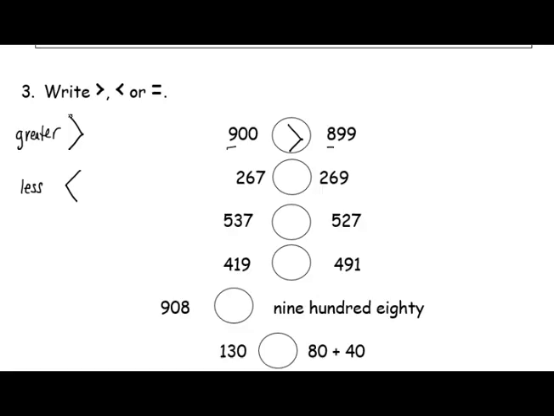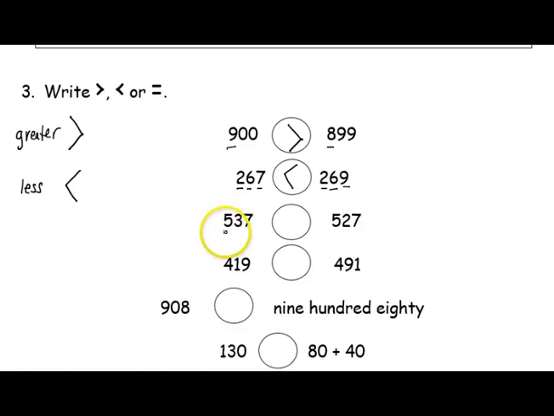In 267, I have 2 groups of 100 compared to the 2 groups of 100 in 269, so that's the same. I have 6 groups of 10 and 6 groups of 10. Here I have 7 ones, and I'm comparing that to 9 ones. Since 7 is less than 9, 267 is less than 269.